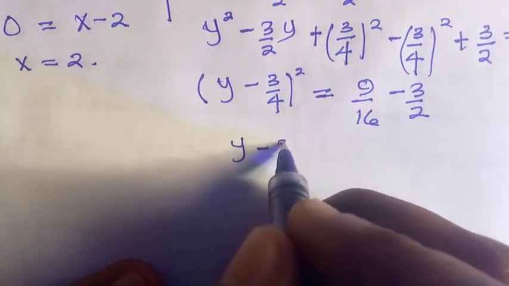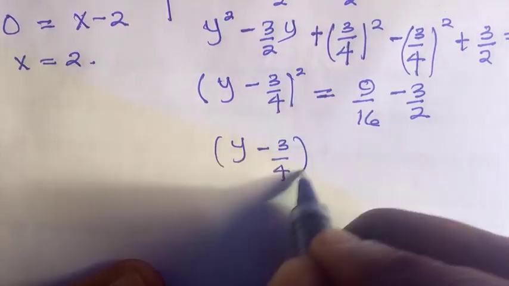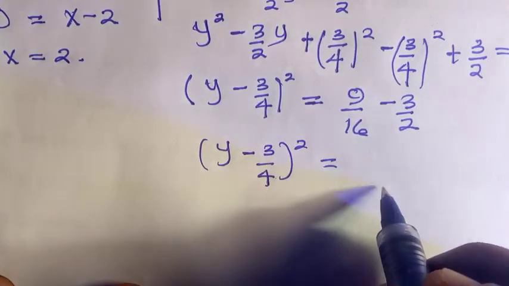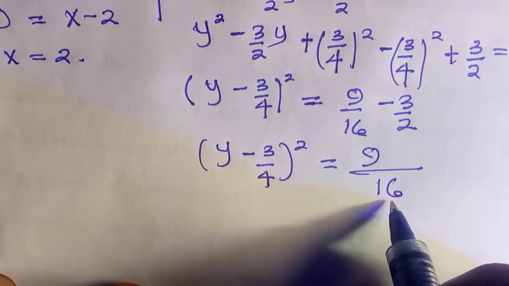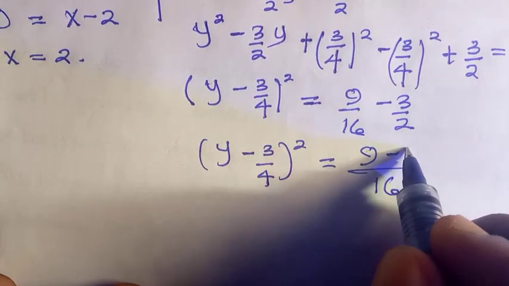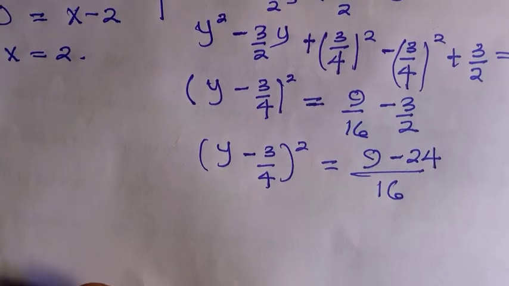So for this, 9 minus, so 2 times 16 is 32, and 8 multiplied by 3 is 24.